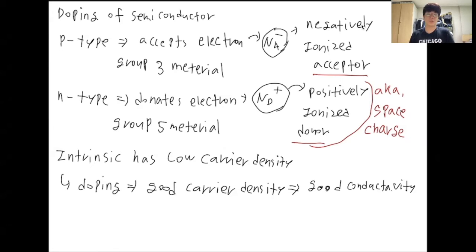The donors and acceptors are also known as space charge. So using this doping technique, we can get a better carrier concentration or density. That causes good conductivity.